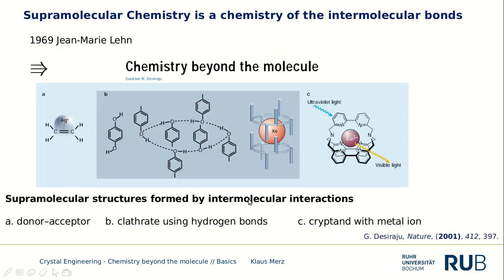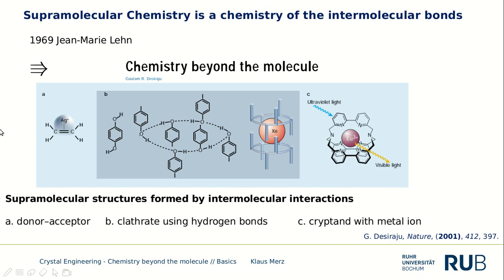And this is a very nice contribution from Desiraju in Nature, the top scientific journal, with the title Chemistry Beyond the Molecule. You see, this is part of the title of a lecture series, and it's a very nicely written contribution. Here are three examples of his contribution, very nicely shown.